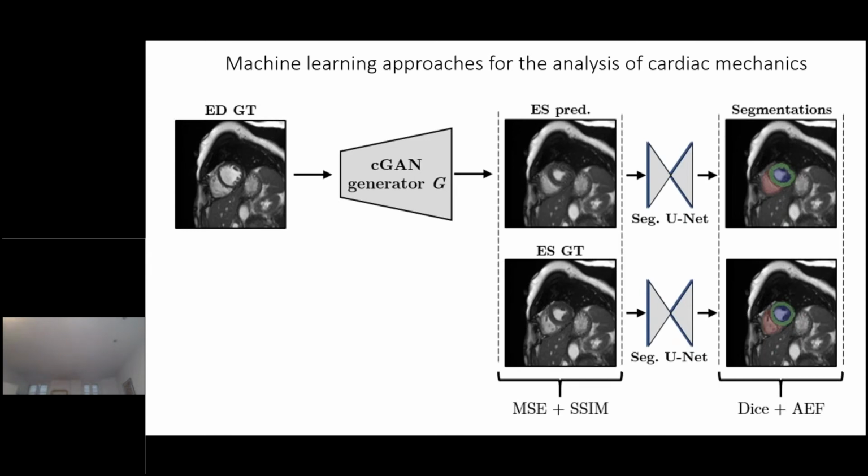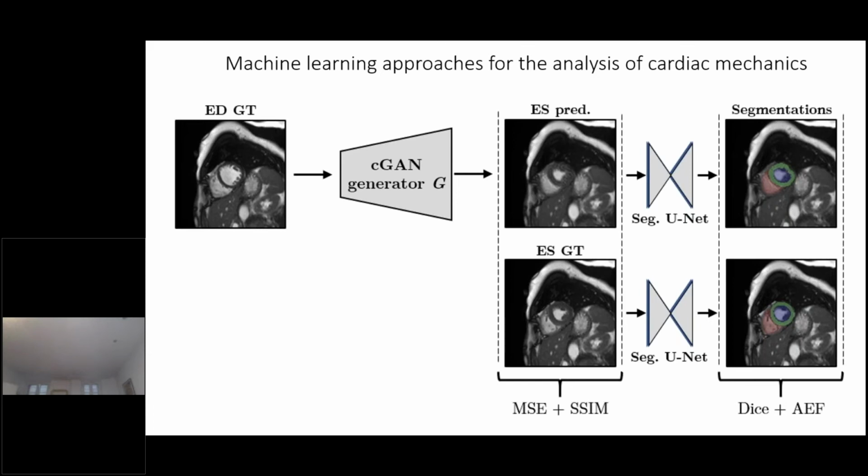If we move again to the electromechanics side, we have also been learning electromechanical activities using pure deep learning models. Here we have used a CGAN, a conditional generative adversarial network. We are trying to capture the mechanical contraction of the heart, the relationship between end diastole and end systole, using a purely learned adversarial model in the shape of a deep neural network.